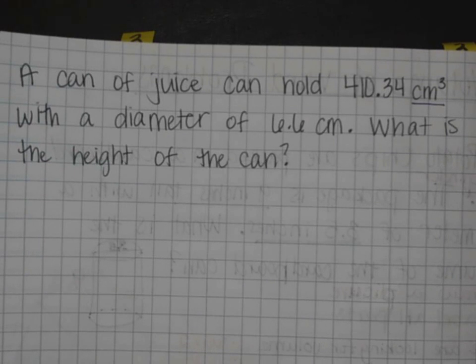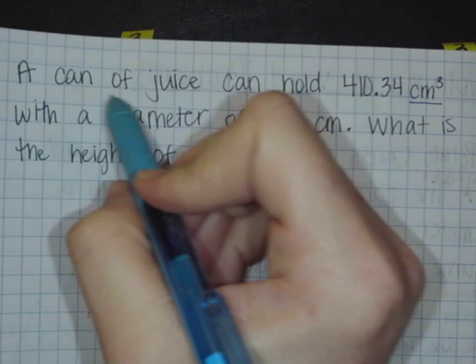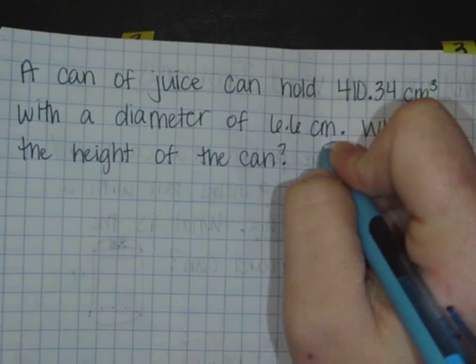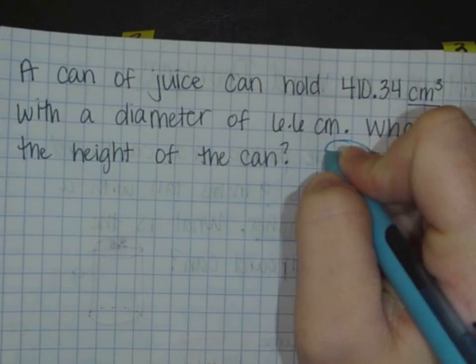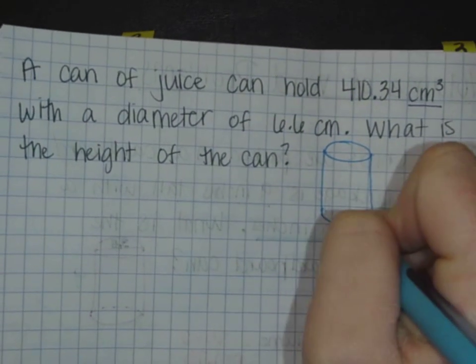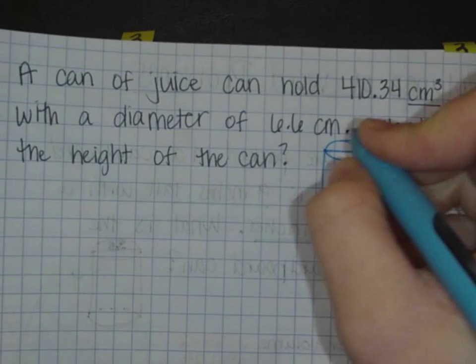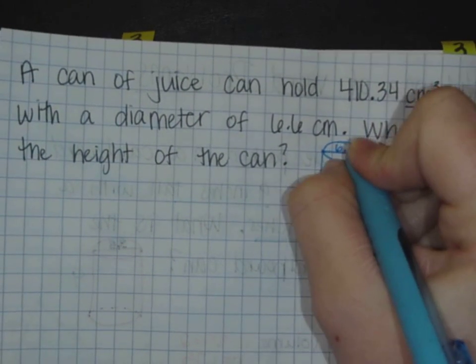We still want to draw a picture. And so a can of juice can hold. So we're going to draw our can of juice. It says can, so we know it needs to look like that. Has a diameter, so all the way across, of 6.6.